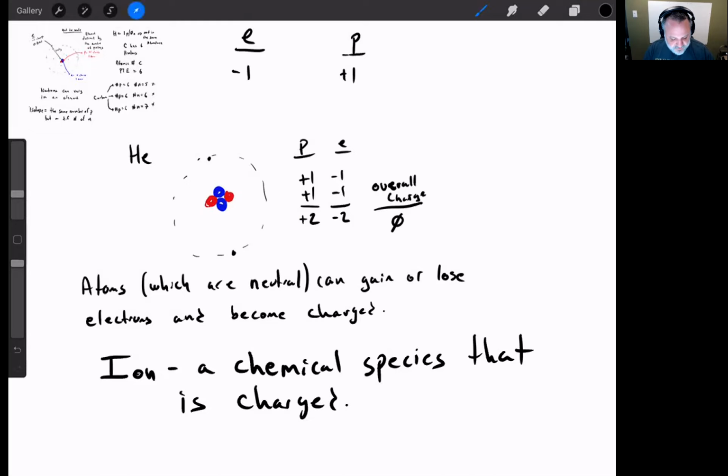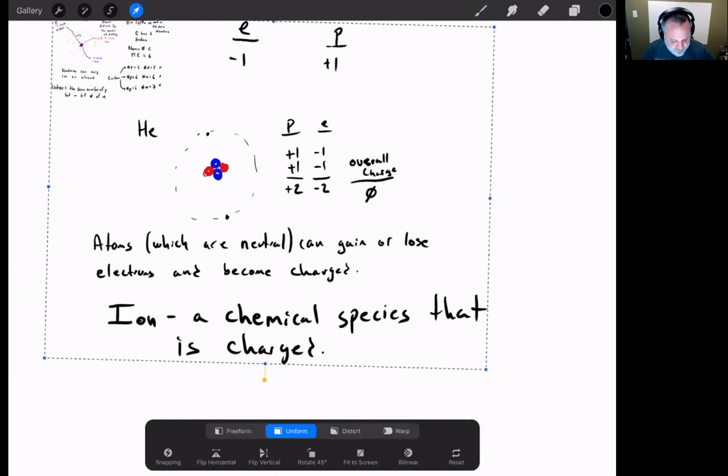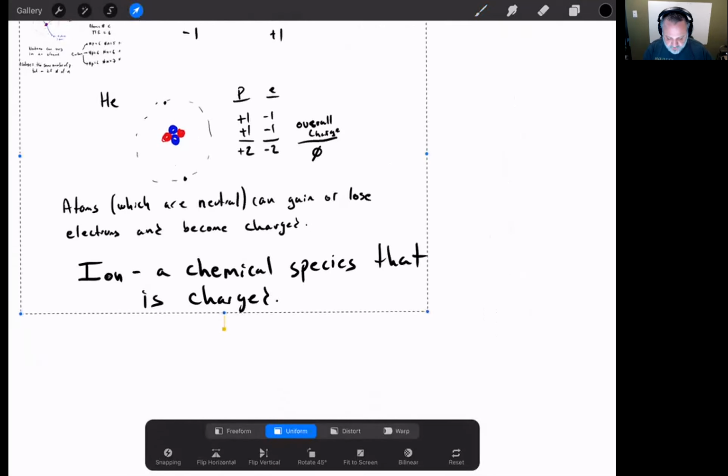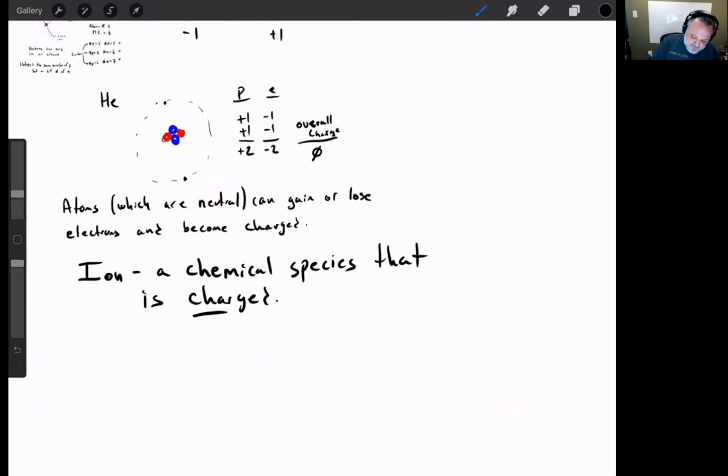And so the question is asked, are we going to get into cation and anion? And we are, certainly, right? Because if a species is charged, what could it have done? It could have gained or lost electrons. If it gained electrons, then what does that mean? It has more negative charge than positive charge. If it has more negative charge than positive charge, then that species is negative.